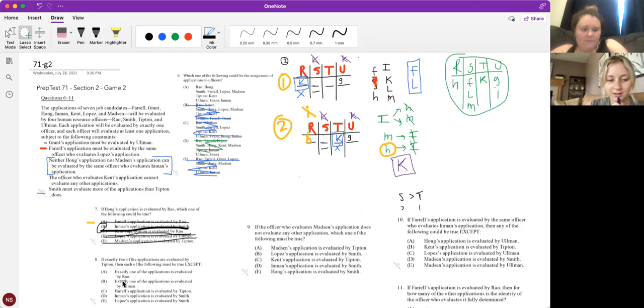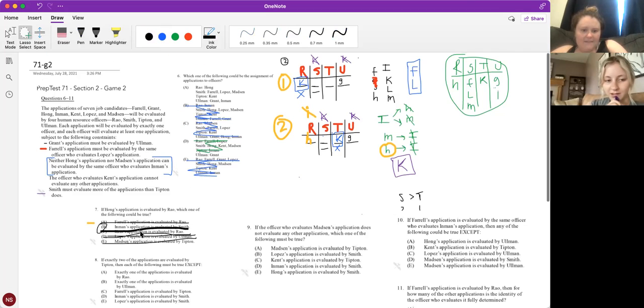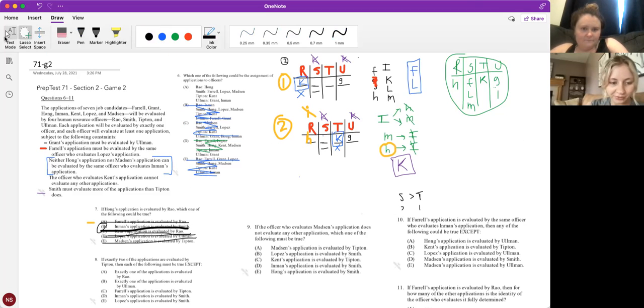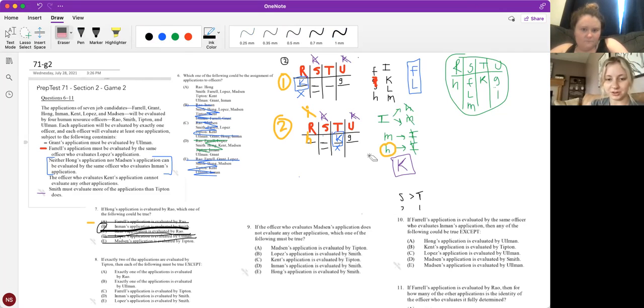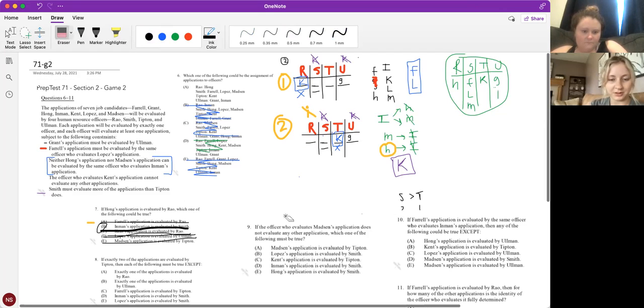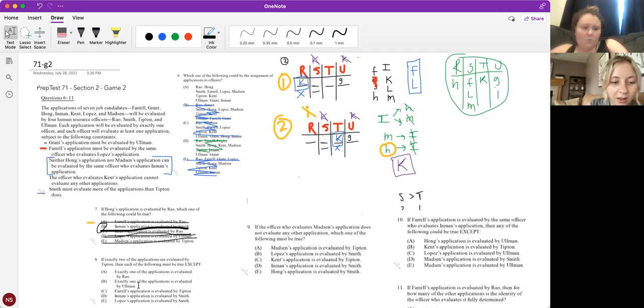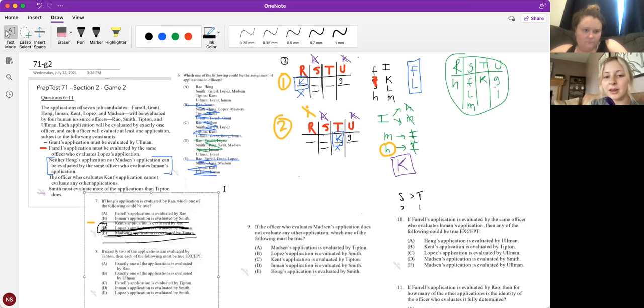All right, what about 8? If exactly 2 of the applications are evaluated by Tipton, then each of the following must be true. Excellent. Okay, so what world are we looking at? It would be the first one.